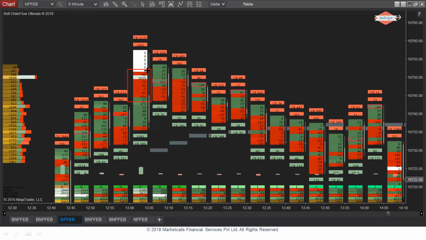When you're finding a lot of zeros at the day high, what does that indicate? Yeah, it's nothing but stop hunting. Great. In that case, we call that high an exhaustive high.